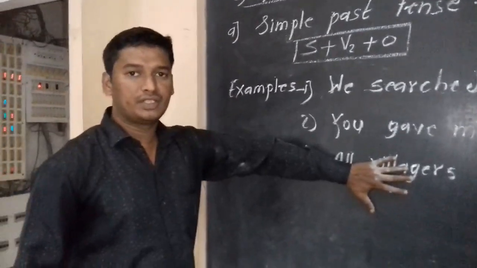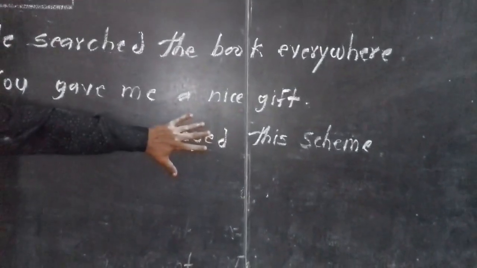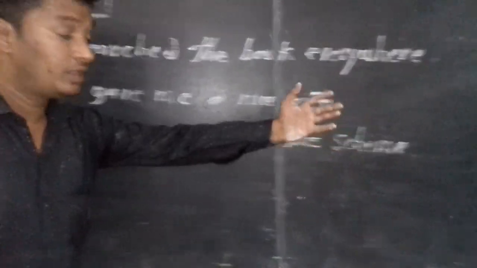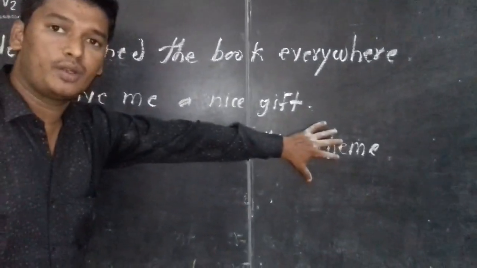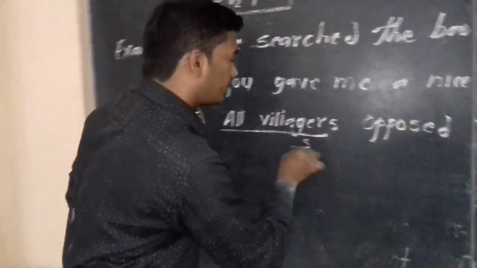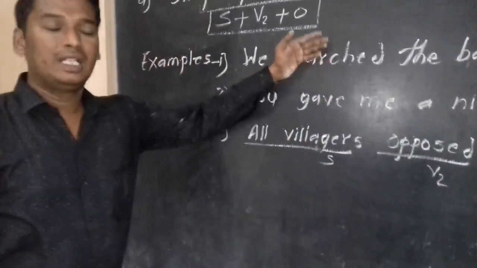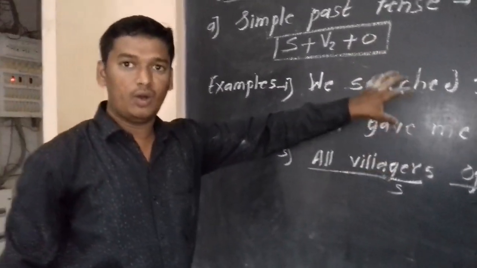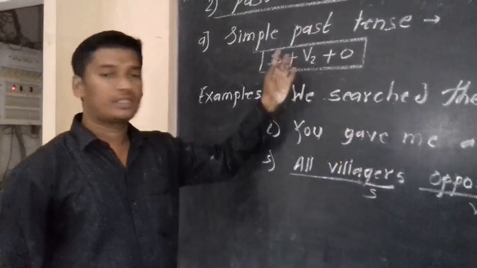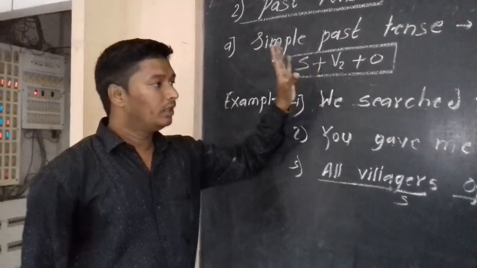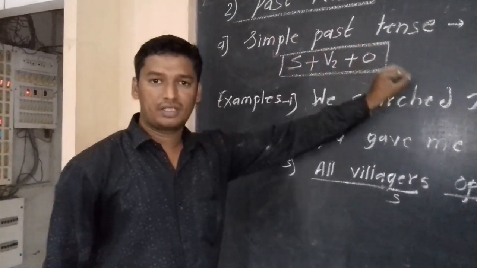All villagers is S, opposed is V2, and this scheme is O. Yes, S, V2 and O, in the form of this structure. All these sentences are in this structure. Okay, it is simple past tense.